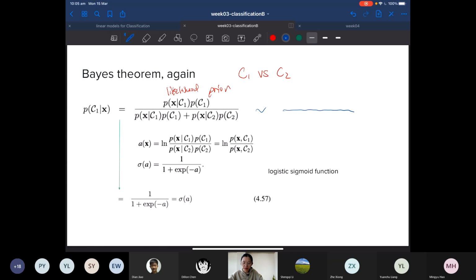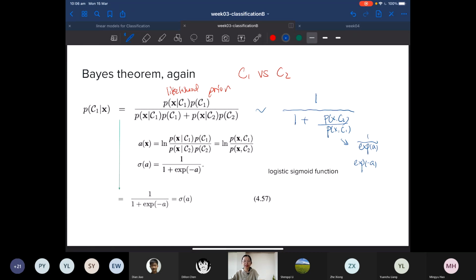If we divide by the joint probability of X and C1, we get one plus the ratio of P of X, C2 over P of X, C1, and according to the definition, this is basically 1 over 1 plus e to the minus A.